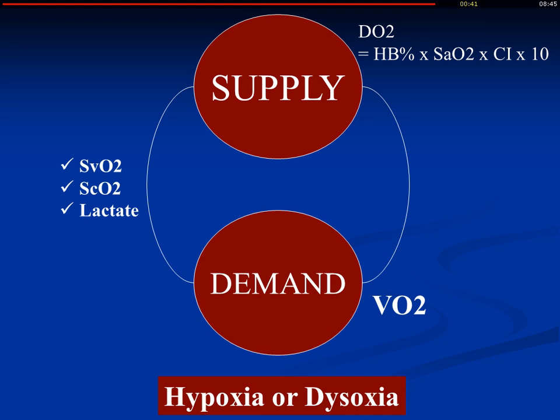Again, you can look at the global view of your oxygen utilization and oxygen delivery. So if oxygen is utilized properly at the tissue level, you are going to have some oxygen at the venous side, which is actually the reserve that you need to compensate when you have a problem.